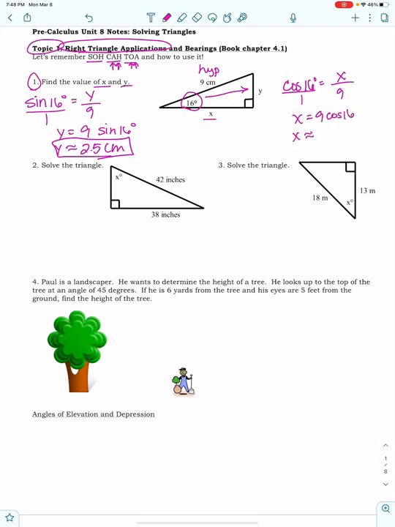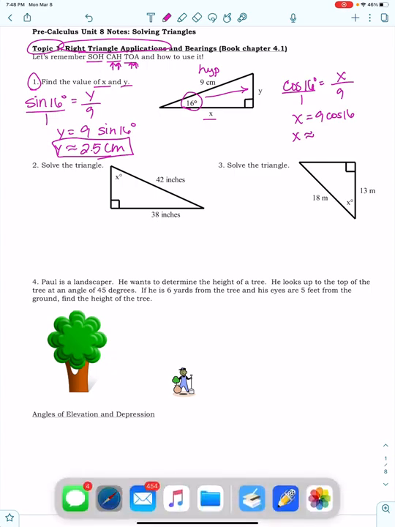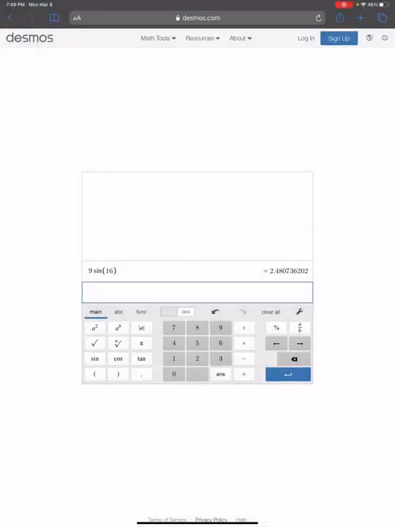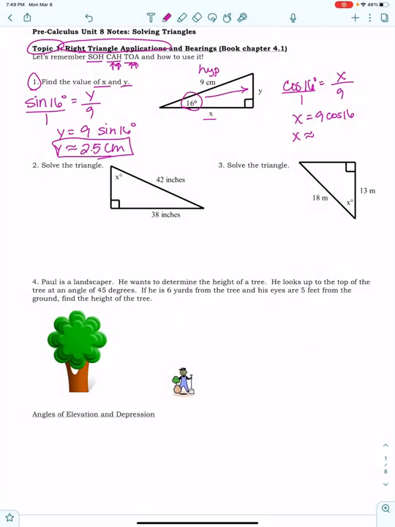So x is going to be approximately, and let me get Desmos out again. That's going to be 9 times the cosine of 16. So that gives me 8.65 or 8.7. Easy peasy lemon squeezy. All right, let's get to the next ones.